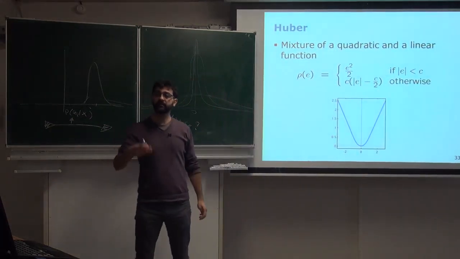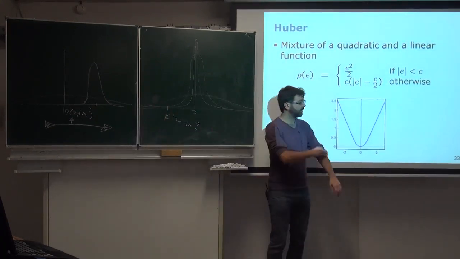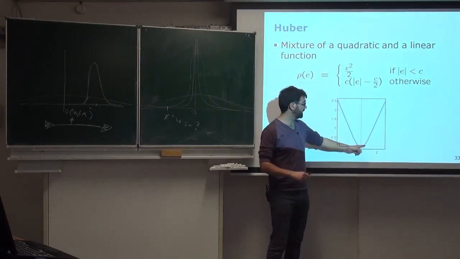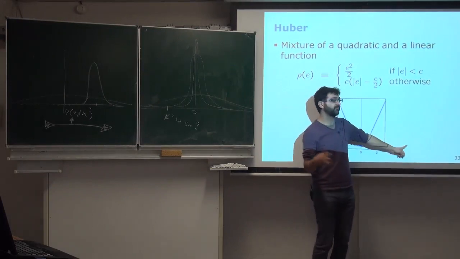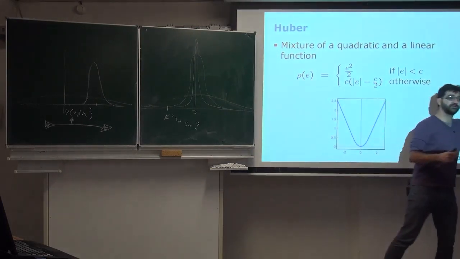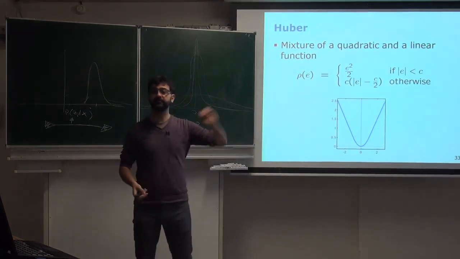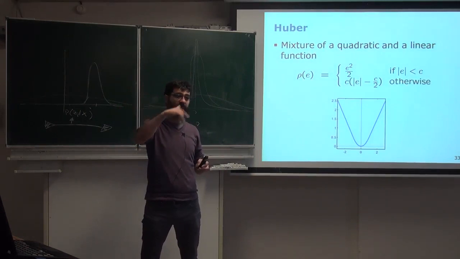Less than it would be for a quadratic, because for a Gaussian case, and therefore a quadratic cost function, if you have an outlier here, we'll have an effect of 1, here we'll have an effect of 2, 4, 8, 16. So the further away, the stronger the effect. For Huber, the further away, the same will be the effect. It means the magnitude of the gradient will be the same in all cases.